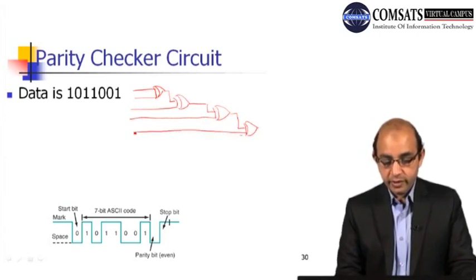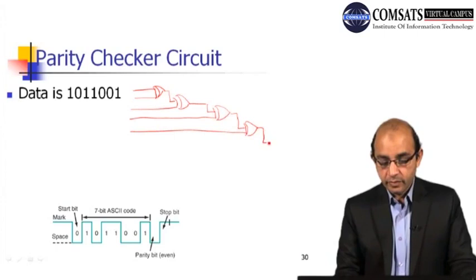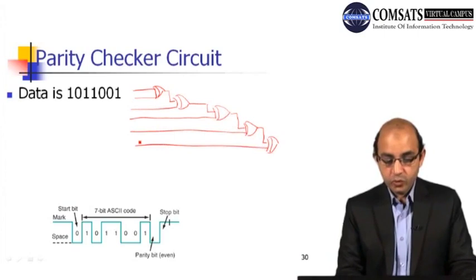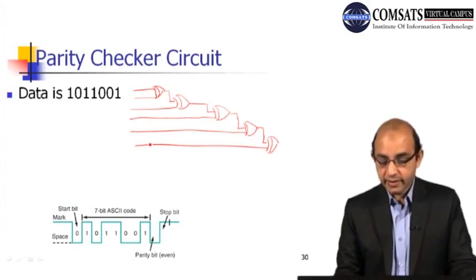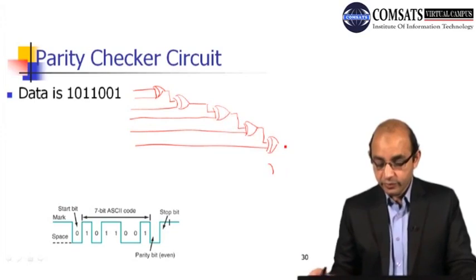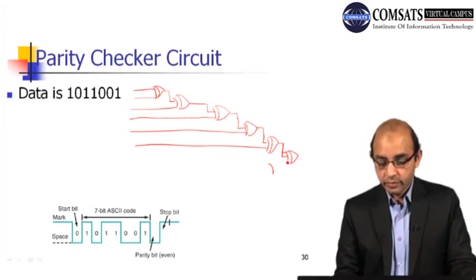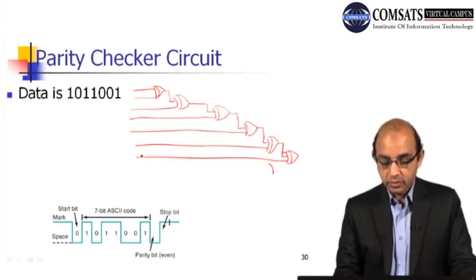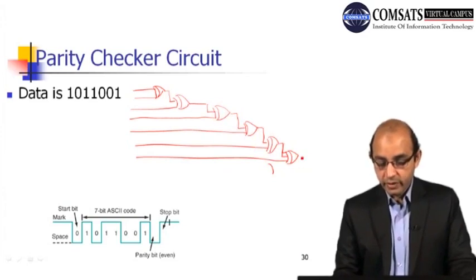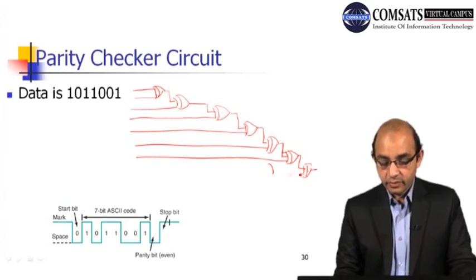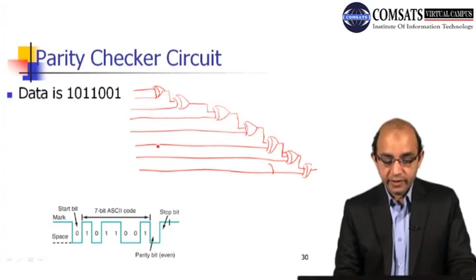So these are the inputs, 1, 2, 3, 4, 5, 6, 7, and here I have 1, 2, 3, 4, 5, 6, 7, 8.